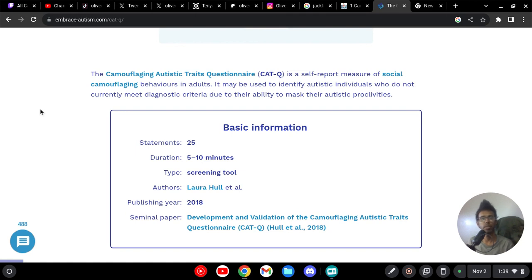It may be used to identify autistic individuals who do not currently meet diagnostic criteria due to their ability to mask their autistic proclivities. Okay, so it's just like a long-winded way of saying you're good at hiding the fact that you're autistic.